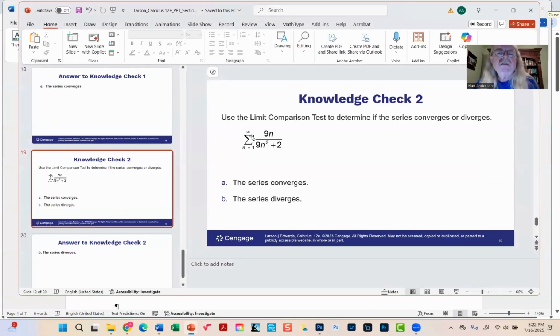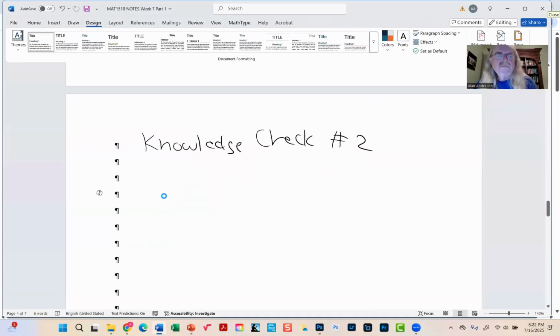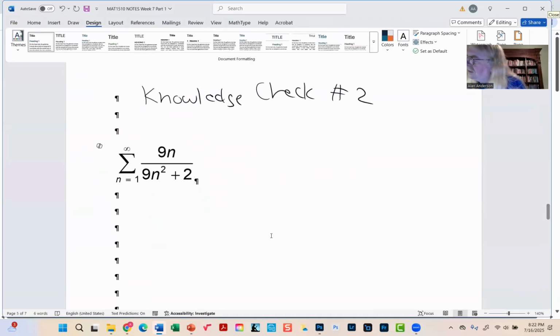Let's copy this. So I guess we should compare it with 9n over 9n squared, which is the same thing as 1 over n, which we know diverges because it's a p-series where p equals 1.